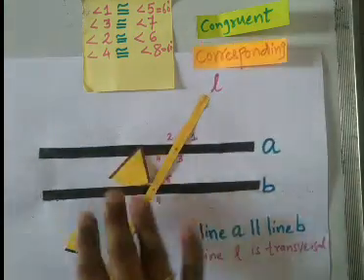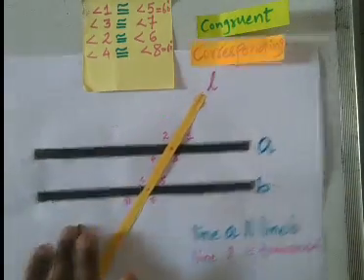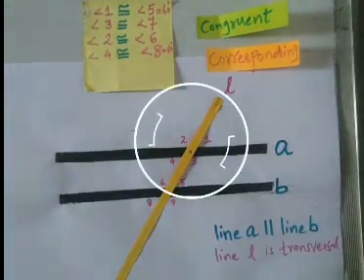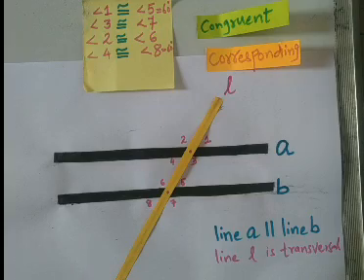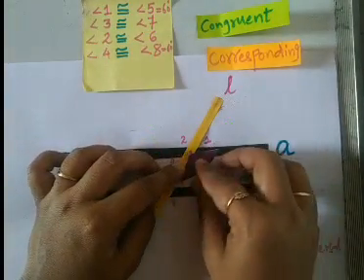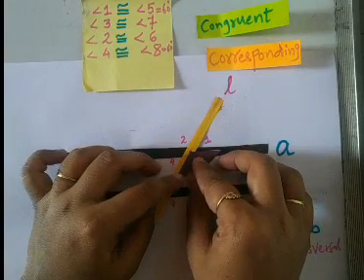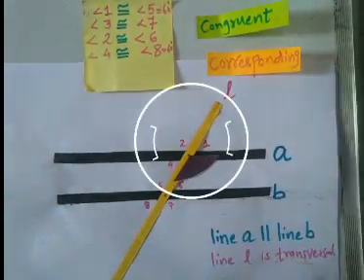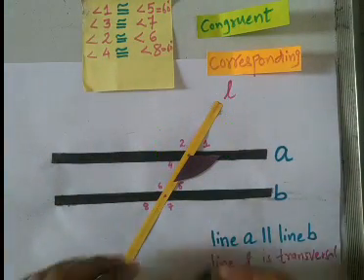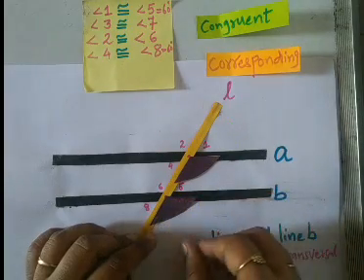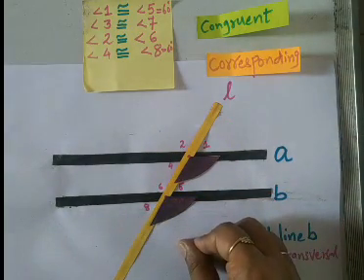Okay, now the next angle, angle number 3 and angle number 7. This is angle number 3 and angle number 7. They both are corresponding to each other.